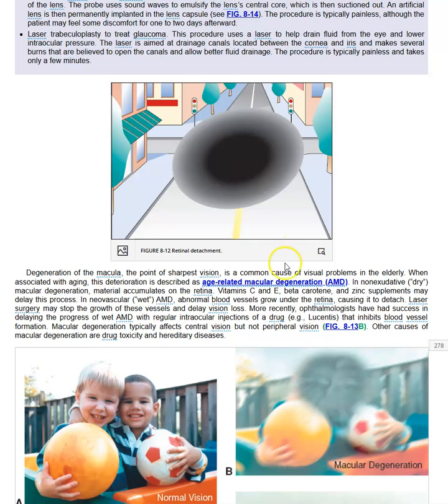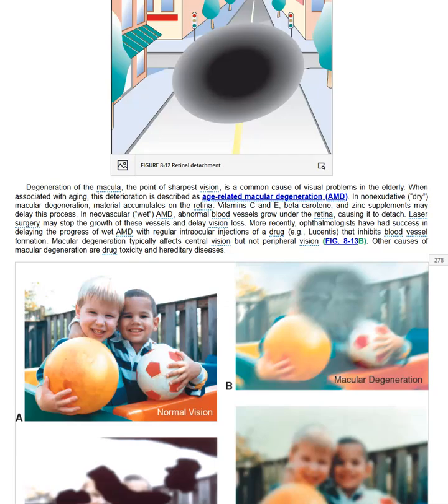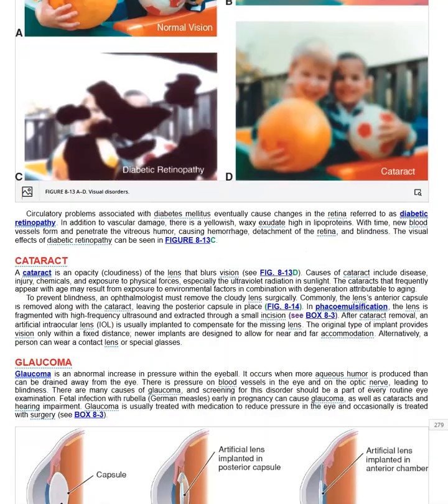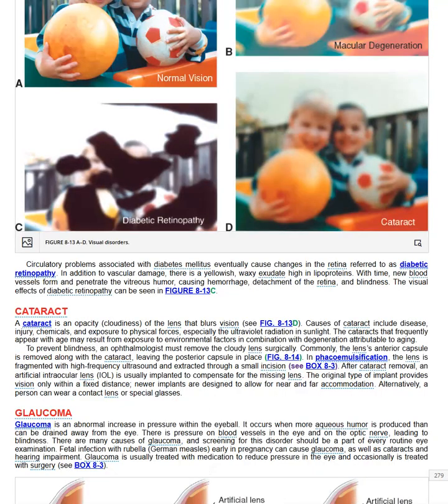This is an example of macular degeneration, how you lose your vision from the inside, or you can't see the center of the photo. So here we go. So here's normal, there's macular, and then diabetic retinopathy is a completely different eye disorder, and cataract surgery. Cataract itself is something that accumulates over time, but the surgery for it is easy.